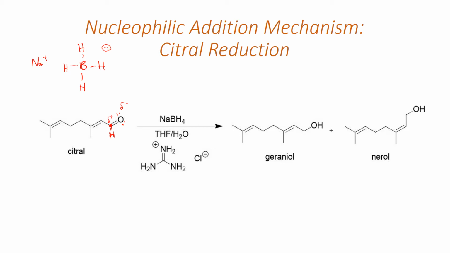It's electrophilic. Electrons are going to attack it, and it's going to be the electrons right there from this hydrogen bonded to the boron. These electrons attack that, and they drag the hydrogen right along with them, and it gives us this intermediate.